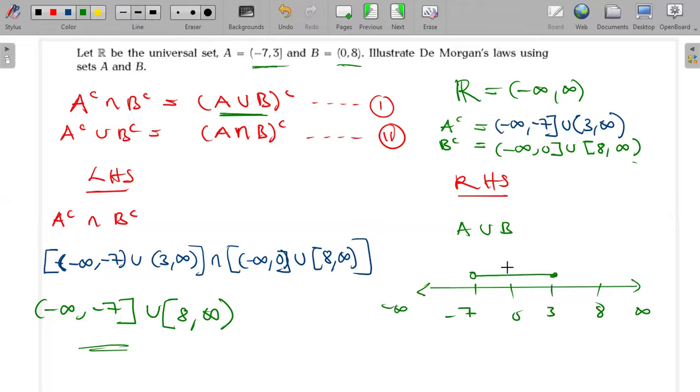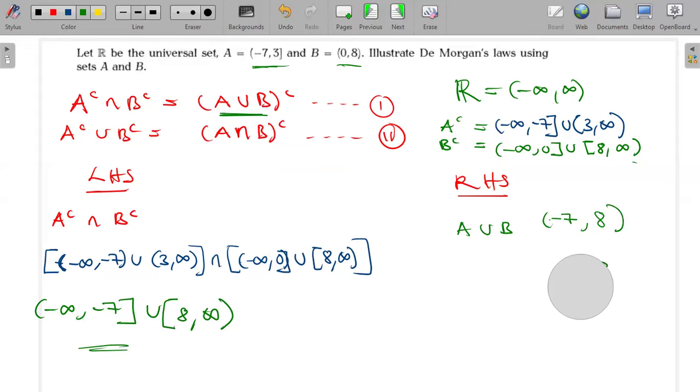And then your B, it's open here and it's open there. So the union of these is just going to be negative 7, and then all the way to this 8, and it will be open at 8. Okay, so this is what you get as your A union B.